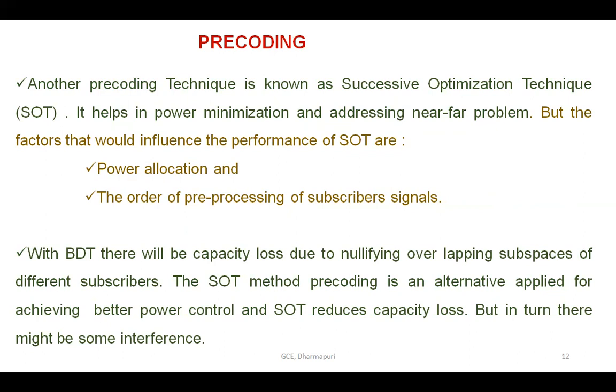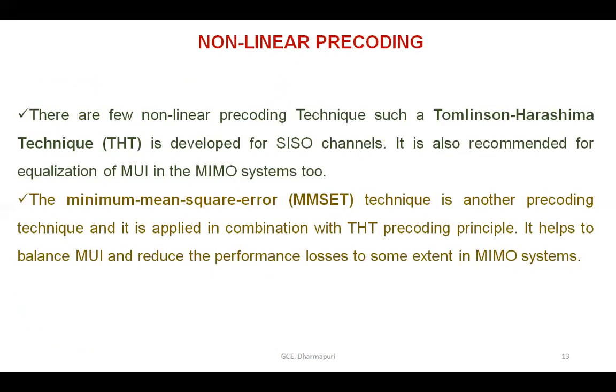With BDT, there will be capacity loss due to nullifying overlapping subspaces of different subscribers. The SOT precoding method is an alternative applied for achieving better power control, and SOT reduces the capacity loss, but there might be some interference.